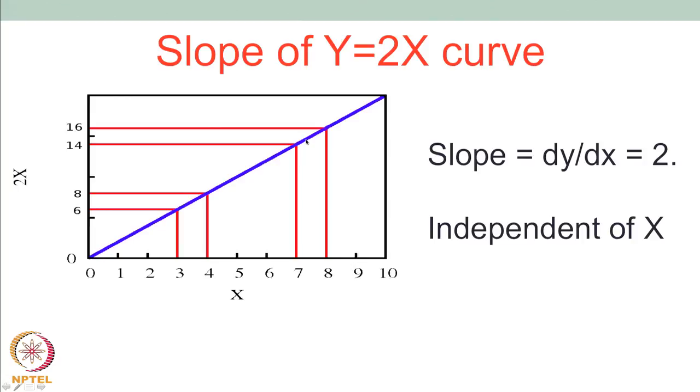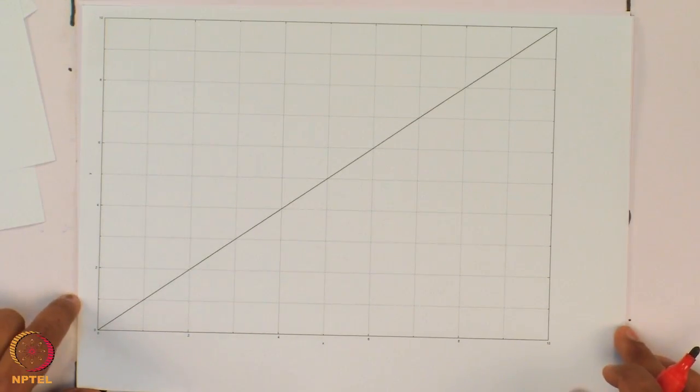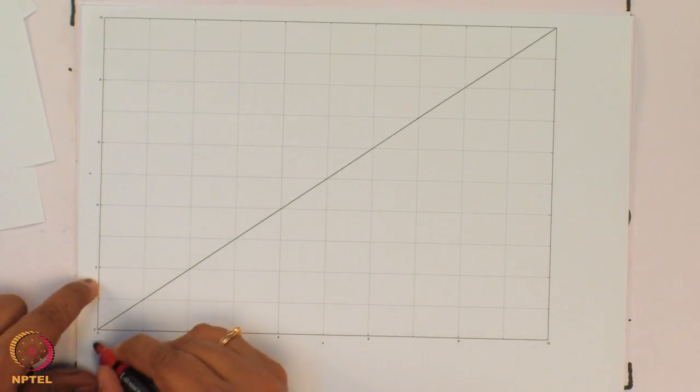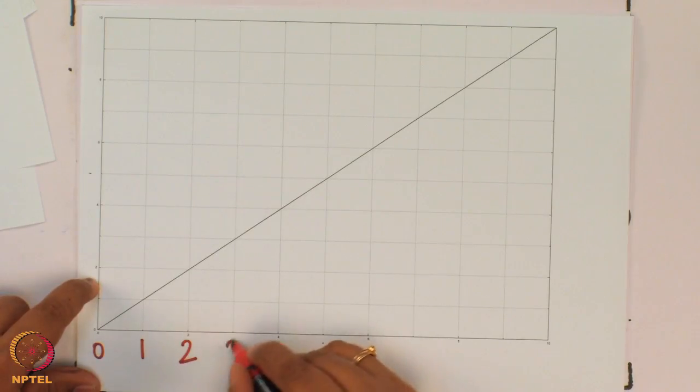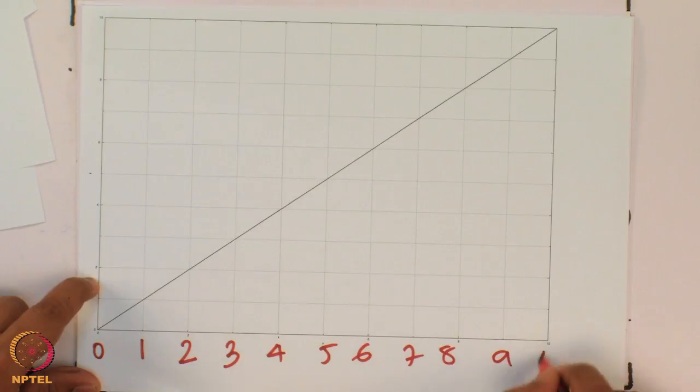And I want you to understand this a little bit more carefully. So let us think of a graph a little bit more carefully. Let us take this graph, and I am going to put some values here, slightly different from what is printed here. So consider this graph, which is a straight line. Now I am going to put some values here: 0, 1, 2, 3, 4, 5, 6, 7, 8, 9 and 10.